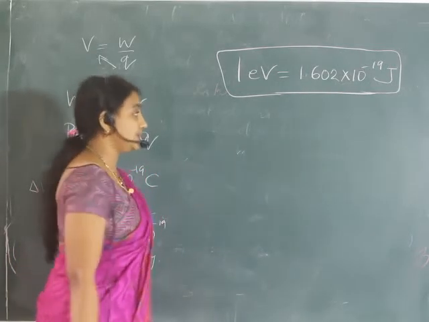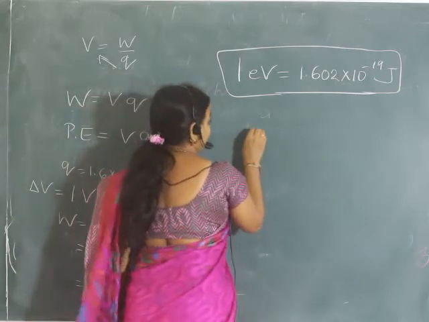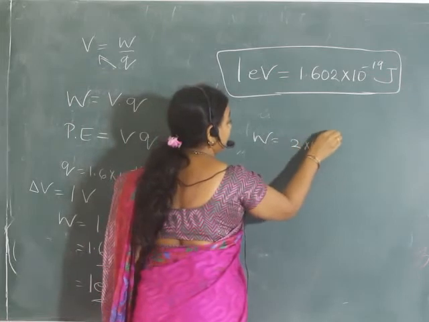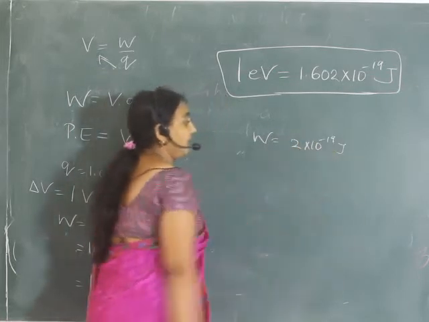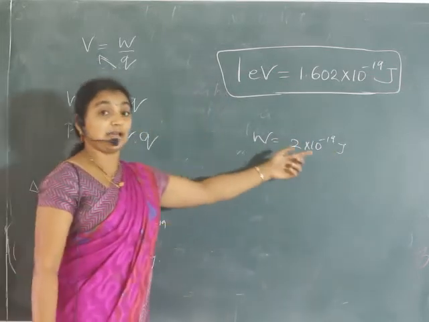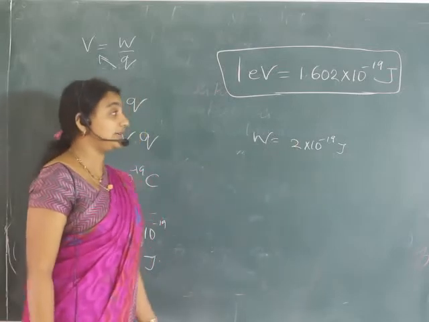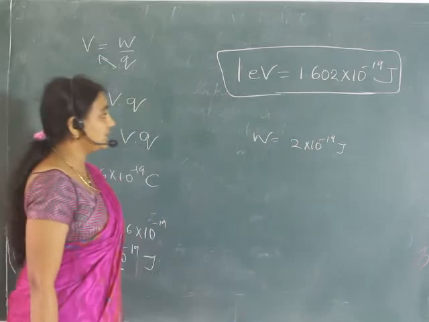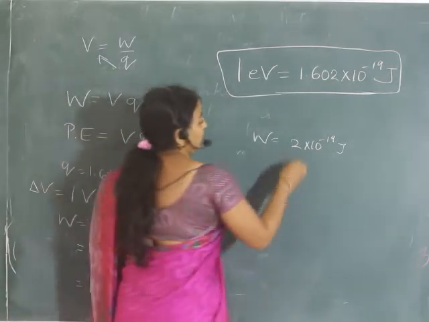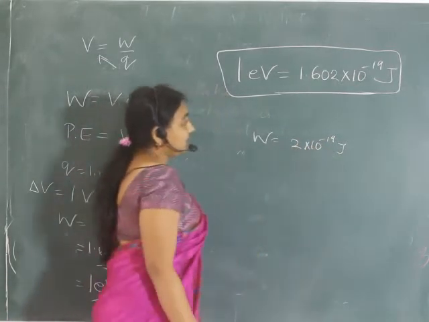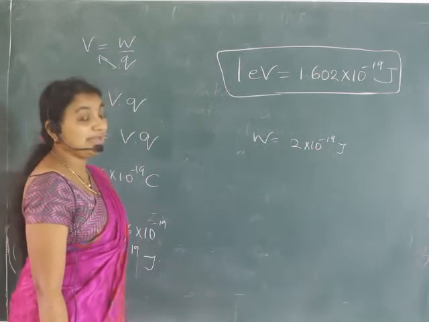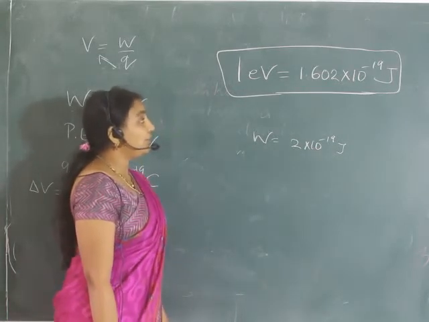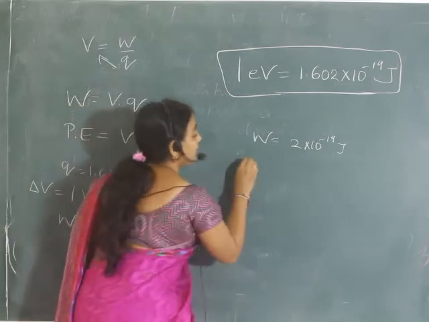Suppose you got an answer that work done is equal to 2 into 10 to the power minus 19 joules. Then can you convert this joules into electron volts? 1 electron volt means so many joules, then 2 into 10 to the power minus 19 joules means how many electron volts? How can you convert? Cross multiply.